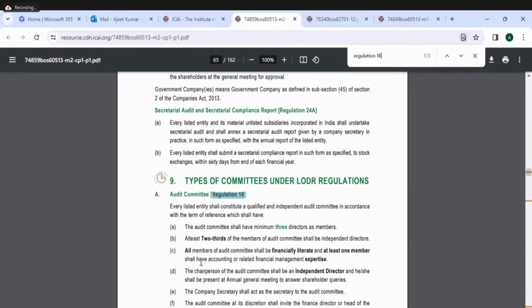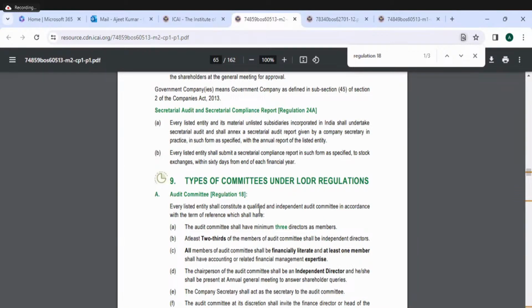I have a computer, so I have done just a Control F, but you also have this key. If you know what regulation you will be referring to, then directly you will go to that regulation and refer to it. So you need not memorize everything.